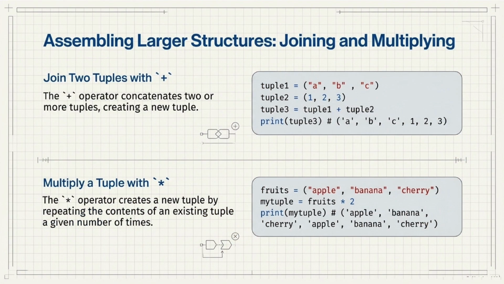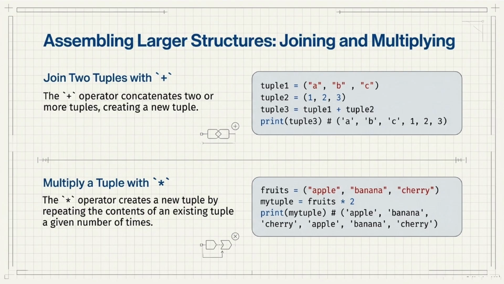For example, if you have tuple1 with values a, b, c and tuple2 with values 1, 2, and 3, combining them with tuple1 + tuple2 produces a new tuple a, b, c, 1, 2, 3. This operation does not modify the original tuples, which preserves the immutability of tuple data.